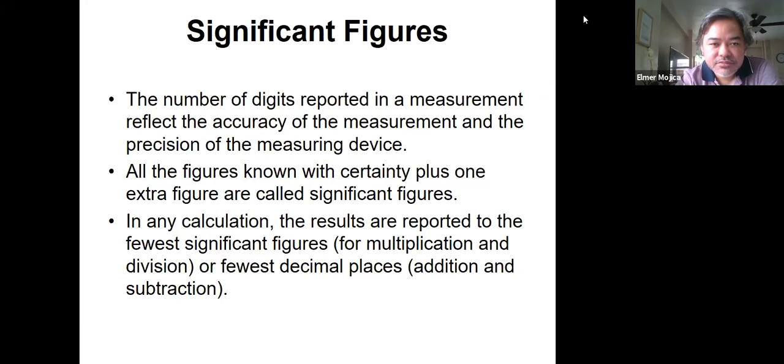The number of digits reported in a measurement reflects the accuracy of the measurement and the precision of the measuring device. All the figures known with certainty plus one extra figure are called significant figures. In any calculation, the results are reported to the fewest significant figures for multiplication or division, or the fewest decimal places for addition and subtraction.